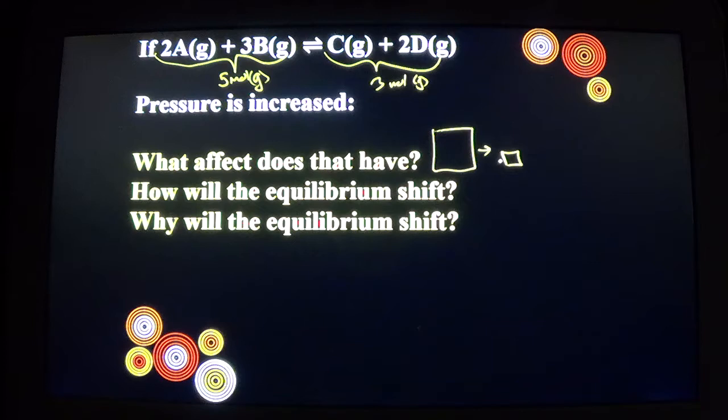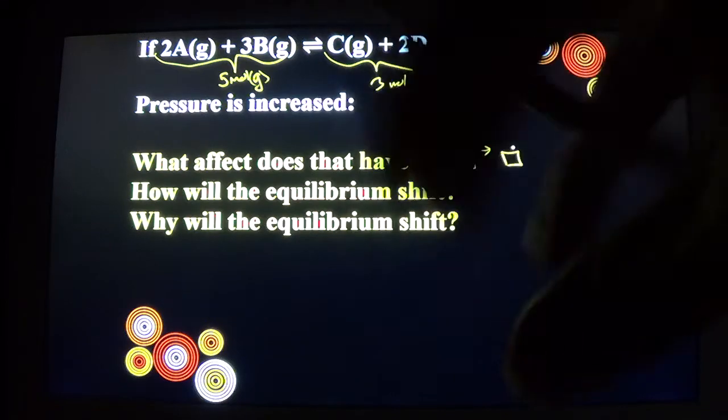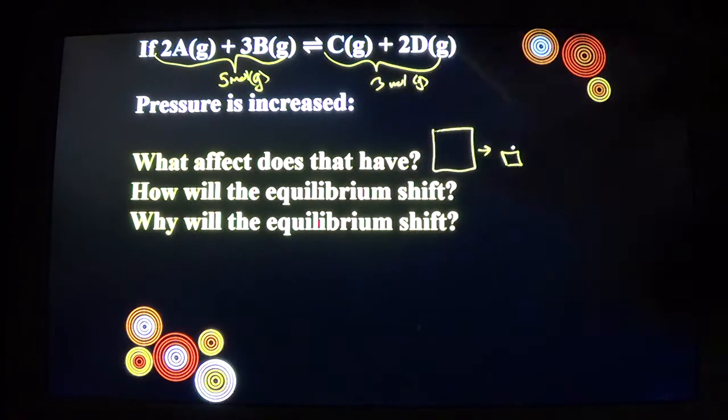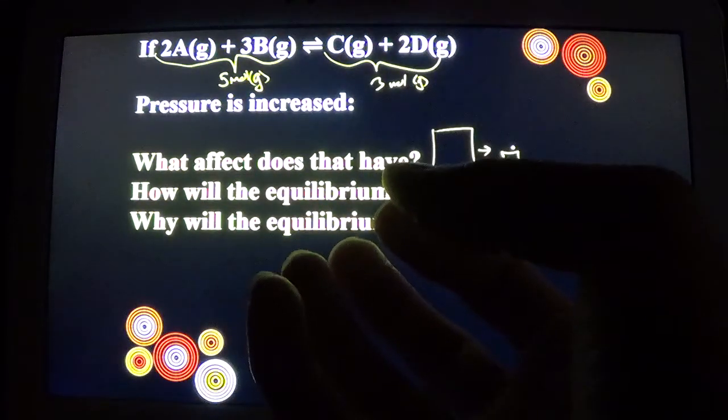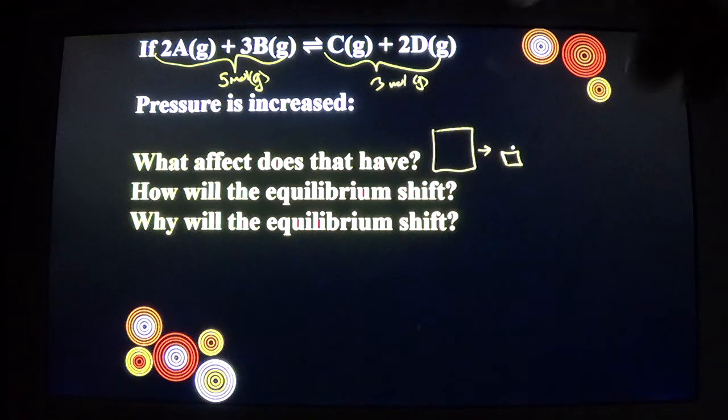The equilibrium would shift to fit into a smaller area better. Imagine just squeezing a sponge. If you increase pressure, what's going to happen to the gas? Imagine having a balloon in your hand and just squeezing it smaller. What's going to happen? It's got to fit into a smaller space.